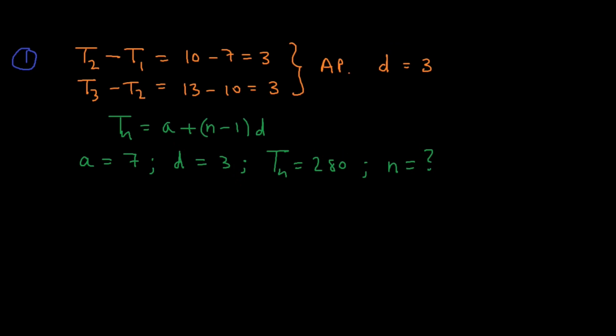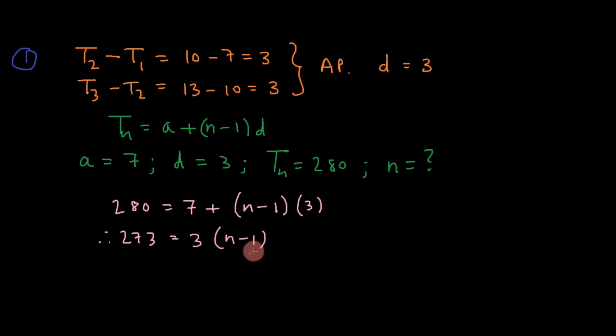So just plugging into this equation, 280 equals 7 plus n minus 1 times d. We can take the 7 to the left-hand side, so 273 equals 3 into n minus 1.